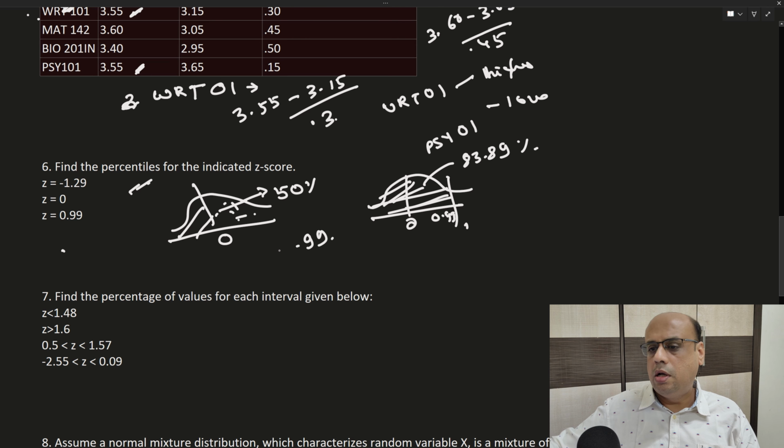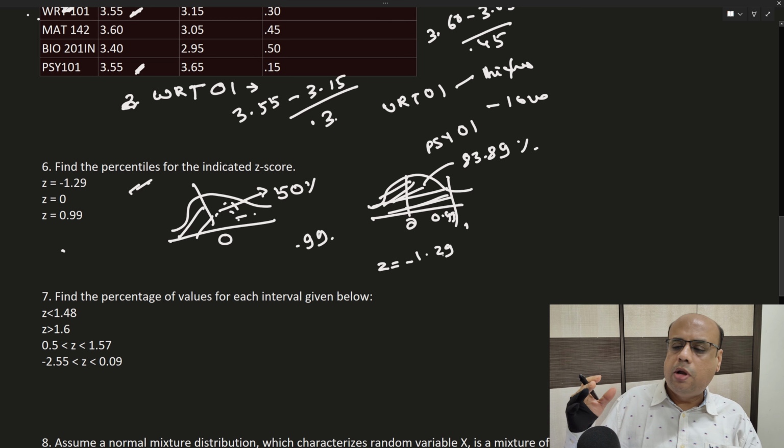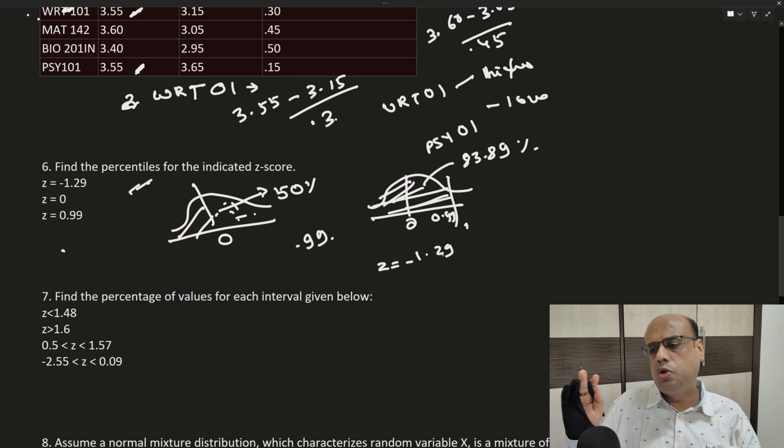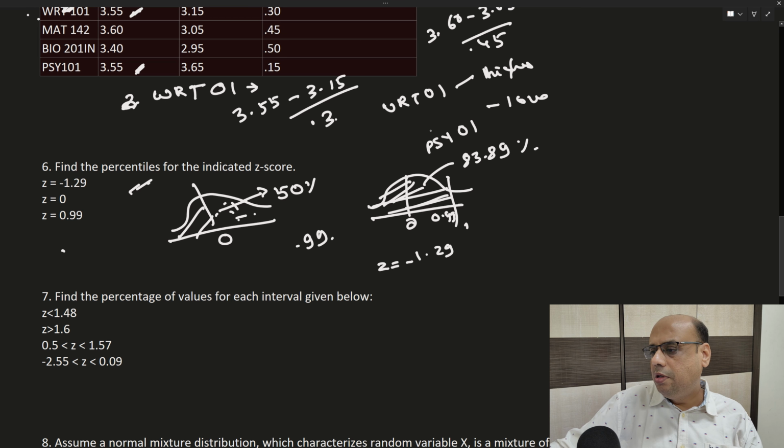And one slightly different way of approaching is when the z value is minus 1.29. Usually there are some z value tables where we have the negative values also. But in this case, just use this logic: this is 0, this is minus 1.29, this is plus 1.29.